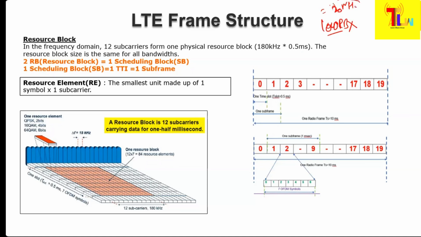How do we design this whole 20 megahertz in resources over the time domain and frequency domain, so that whenever the MAC layer, where the scheduler is, takes all the main decisions?